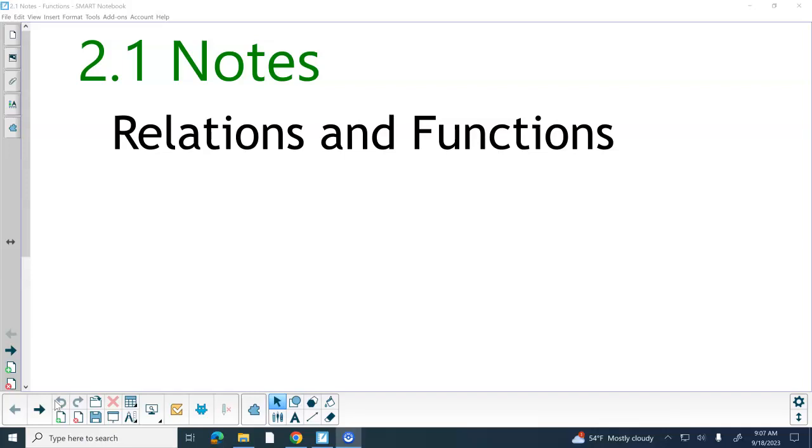So chapter 2 will cover a wide variety of linear type things. We're going to get into some relations and functions today, and then the rest of this week we'll be dealing with graphing lines and finding the slopes of lines and all of that fun stuff.